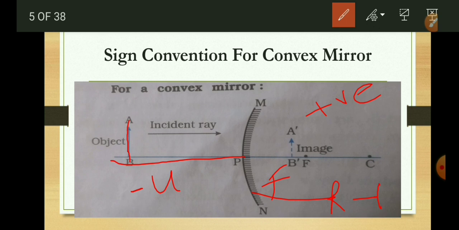So we are taking focal length as plus f and radius of curvature as plus r. In this case, PF is the focal length and PC is the radius of curvature.